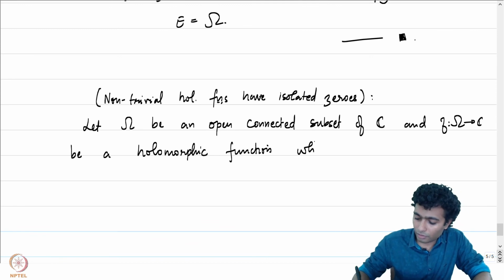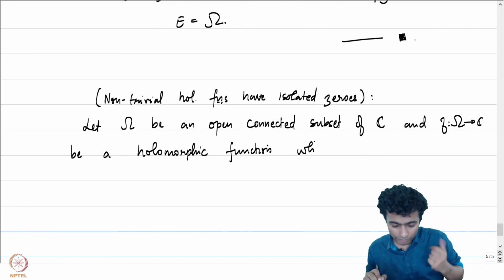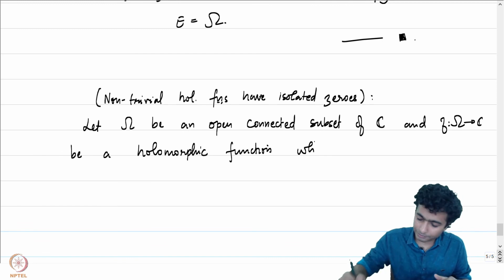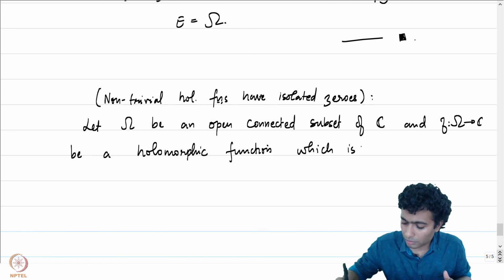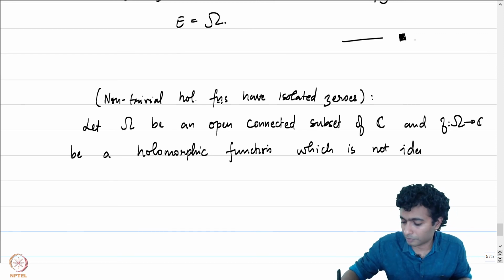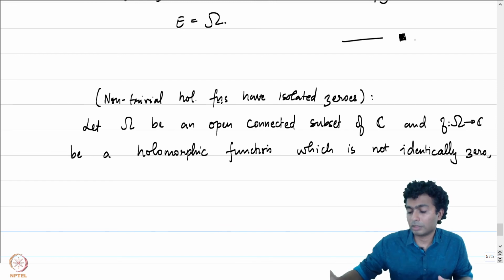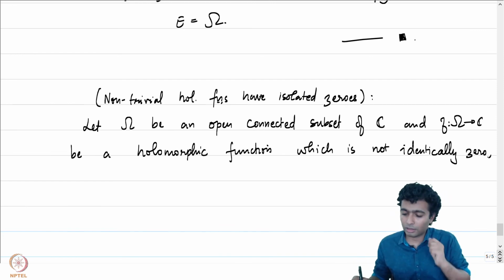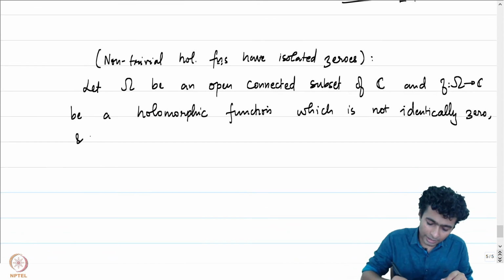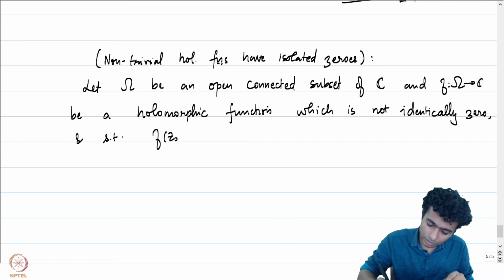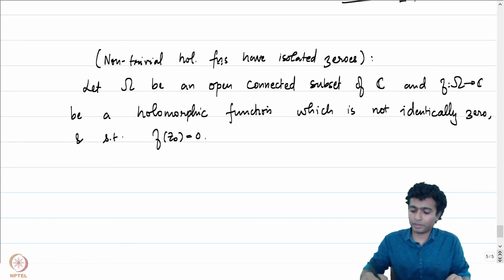Let me add a non-trivial holomorphic function, which is not identically equal to 0. That means there is at least one point where our function f is not 0, and such that f of z0 is equal to 0.